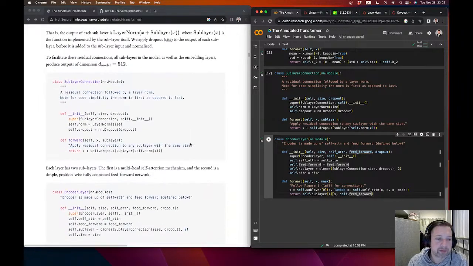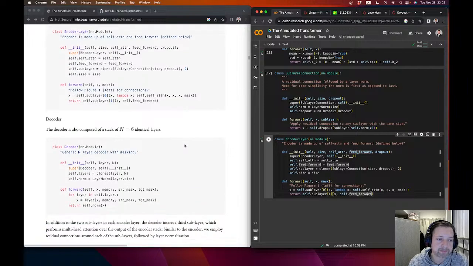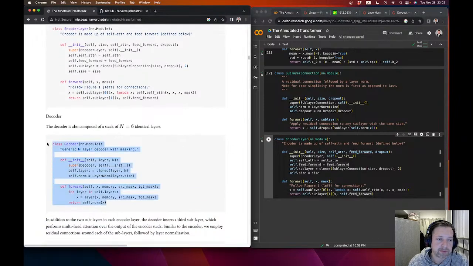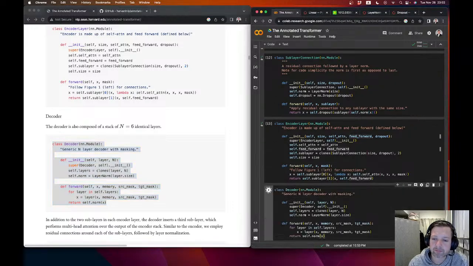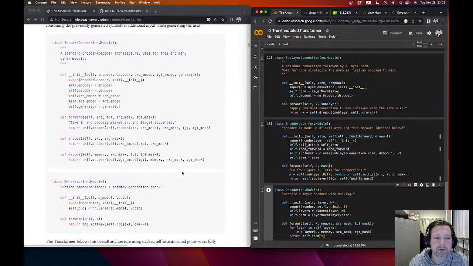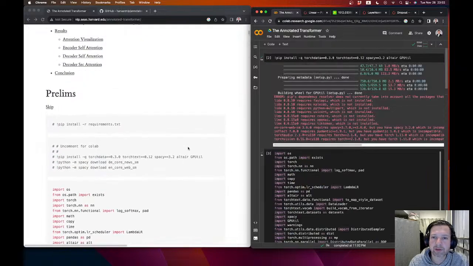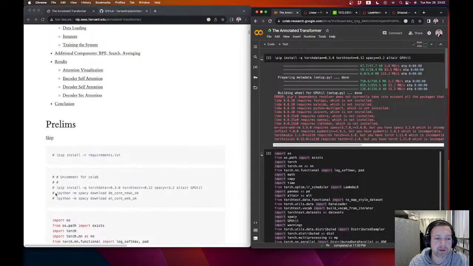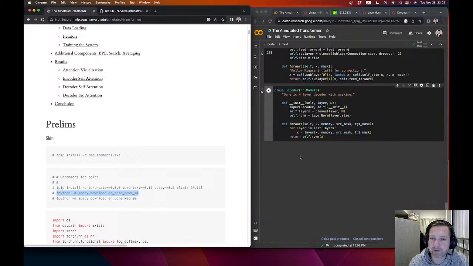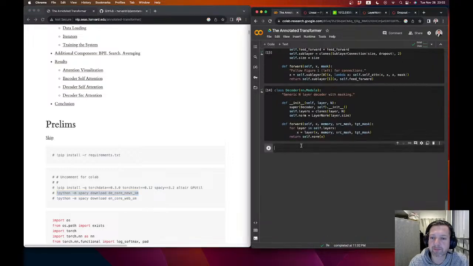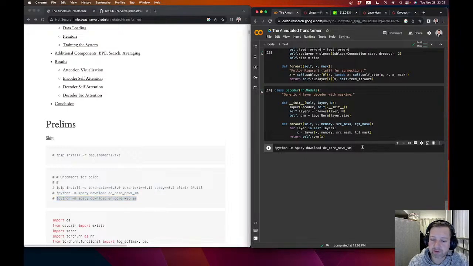Okay, we've got this bit, encoder layer, got it, and then decoder. Oh, well, I guess maybe we need to execute the one bit that I didn't execute here in the beginning. So that's downloading, I guess, the data that they'll use for testing this.